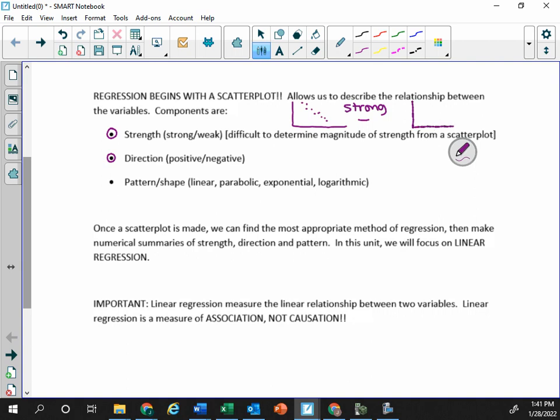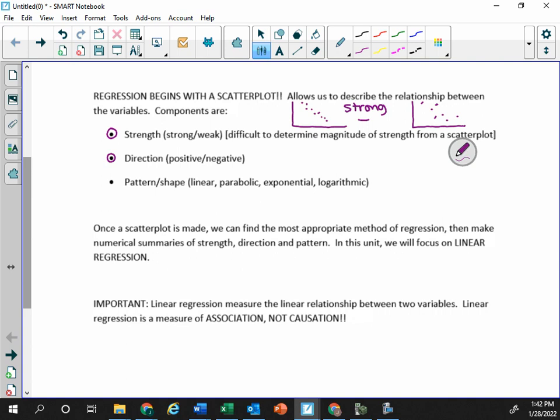So let's draw another one here. What do you think that one is? Weak? It's weaker. Yeah, definitely we'll call that weak. Positive or negative? Negative. Yeah, it's still going downhill.